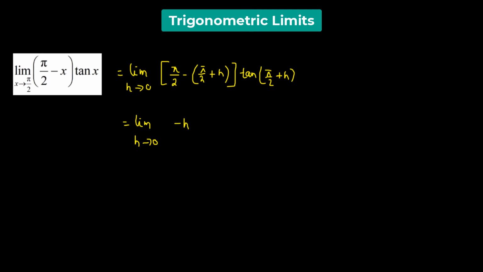So we have negative h multiplied by, now tangent of pi over 2 plus h is cotangent of h. Now we are in the second quadrant. So in the second quadrant, the sine function is positive and the tangent function is negative. So we have a negative cotangent of h. So this gives us limit h multiplied by, now cotangent is the reciprocal of the tangent function, so we have divided by tangent of h. Per definition, this limiting value is going to be 1. Let us move on to the next question.